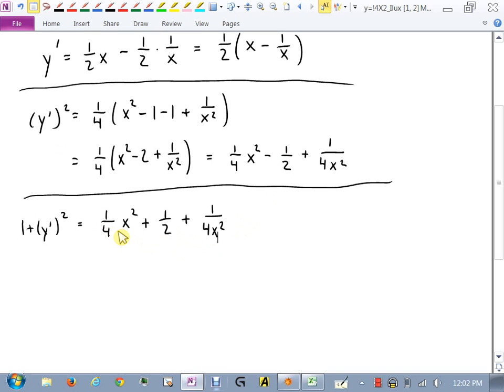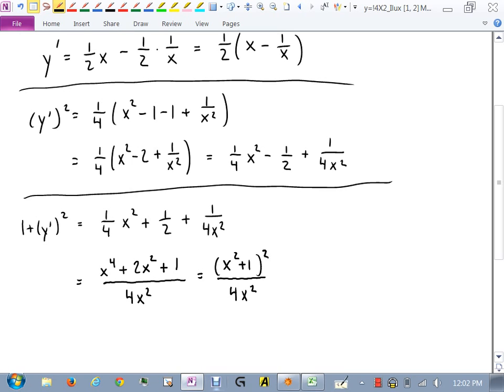So get a common denominator on the next, squared up top. So it'll be x to the 4th plus 2x squared plus 1, over 4x squared, which is x squared plus 1 squared over 4x squared.